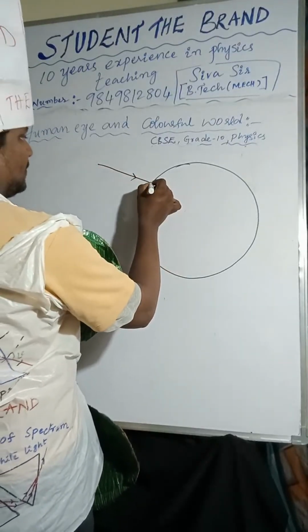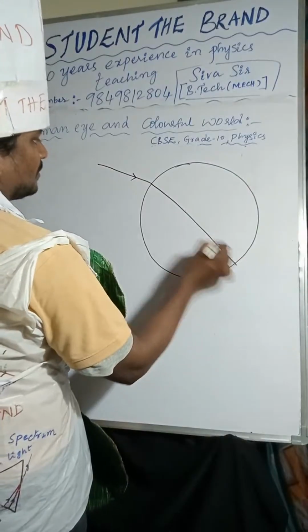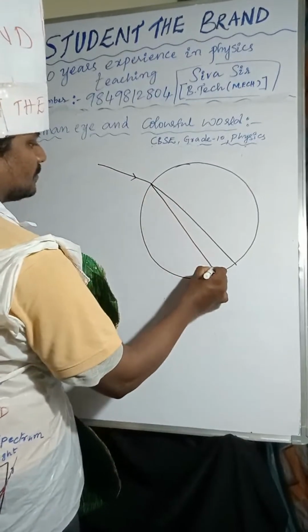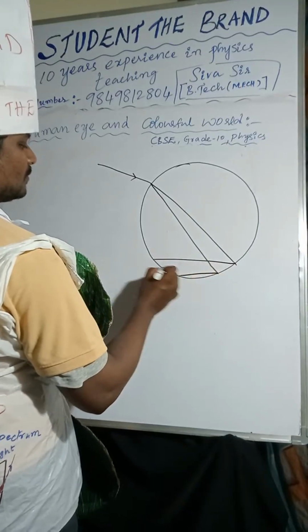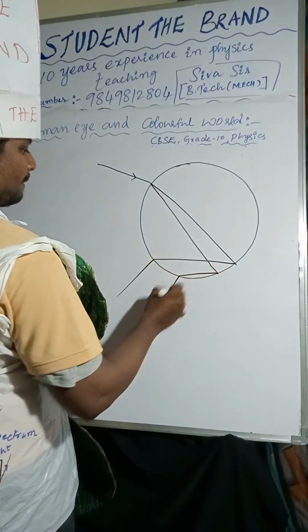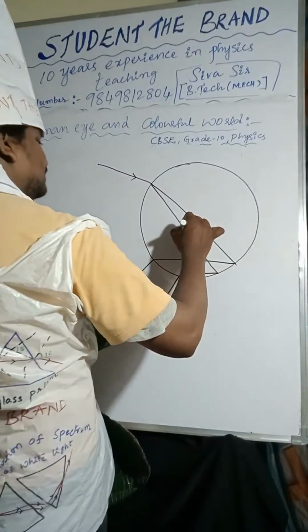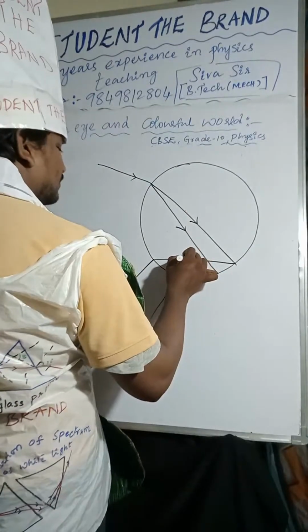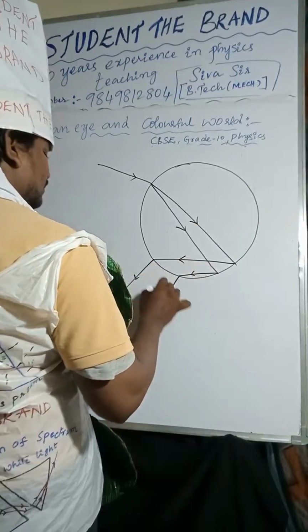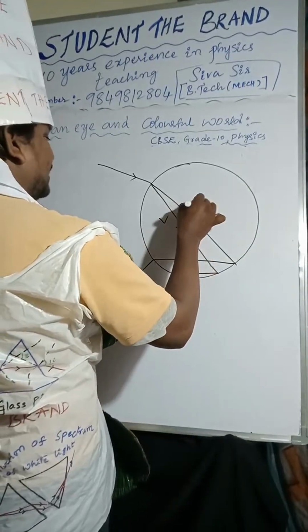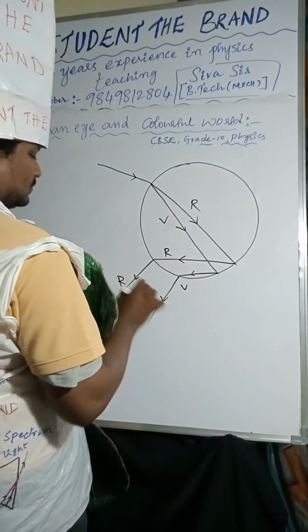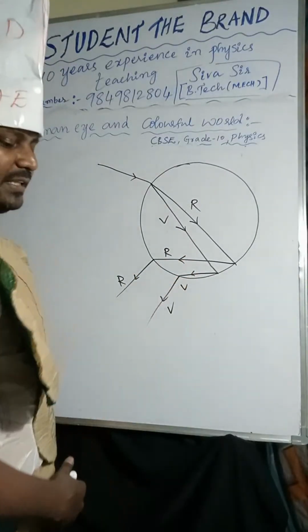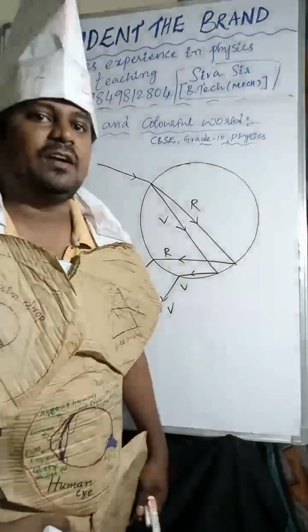After that, it's split into violet and red. So what is the phenomena involved in the formation of rainbow?